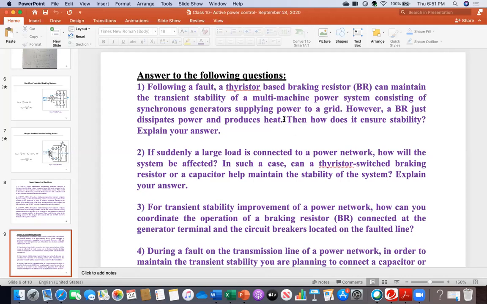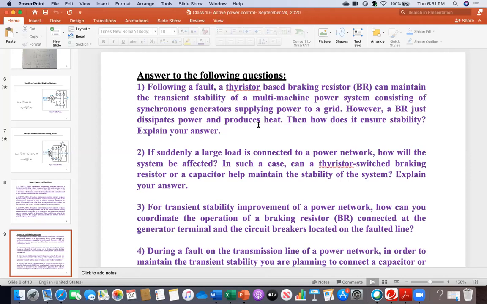So everybody read the question, understand the context. We learned that the thyristor-based braking resistor can maintain stability. But what I am saying is that, however, a braking resistor just dissipates power, right? It just consumes power and that consumption goes out in terms of heat. That is not only this braking resistor, that is the function of any resistor.